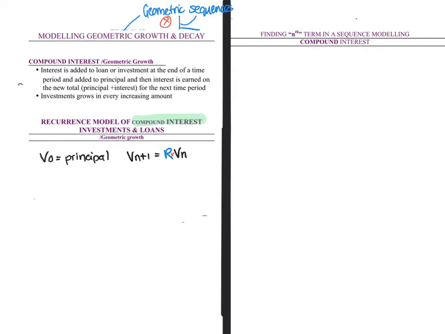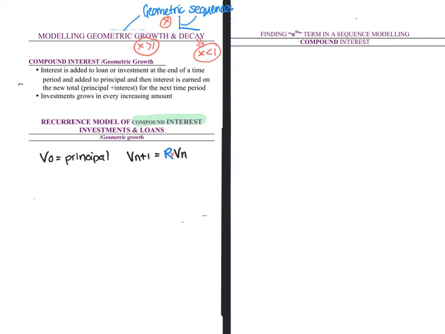So when you've got growth, you're multiplying by a number bigger than 1. If it was decay, you're multiplying by less than 1. Okay, so because we're doing interest, it's growth, so our R value will be a value greater than 1.